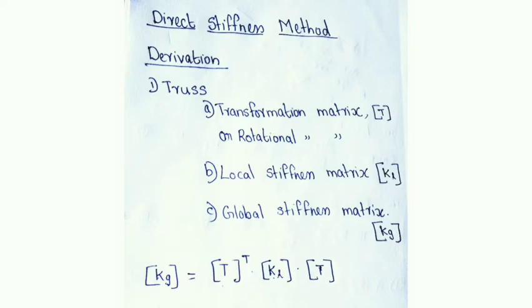Okay, now let us derive the local stiffness matrix KL for a truss element. You should note that these T, KL and Kg are different for truss and frame elements. Here we are taking only truss element and frame element can be considered later.